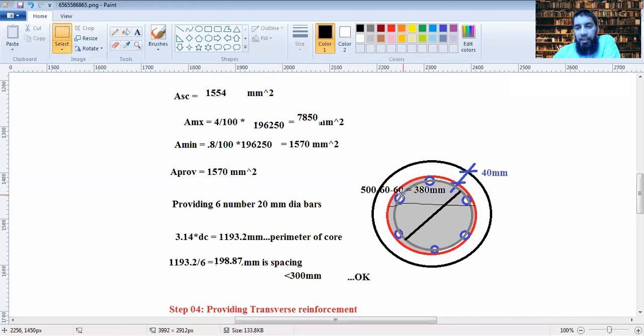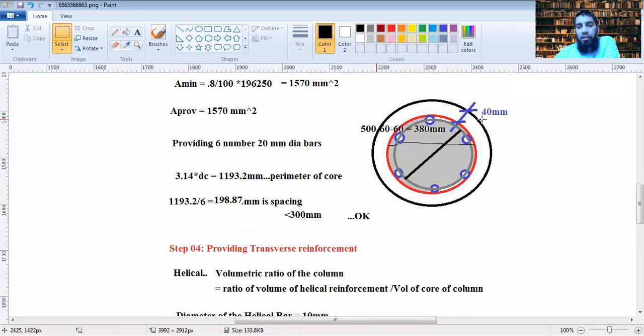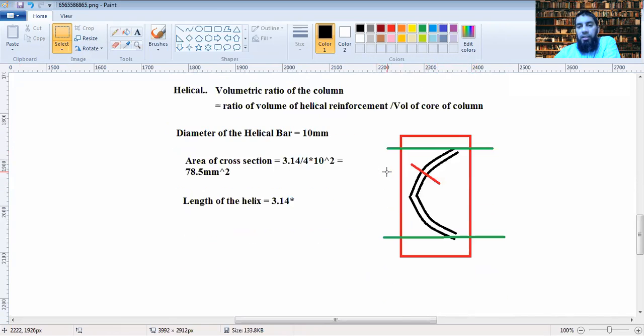Now your helix, this red one, the helical reinforcement, what would be the circumference at this location? That would be pi into d. D would now be 600 minus 40 minus 40, that would be 520.